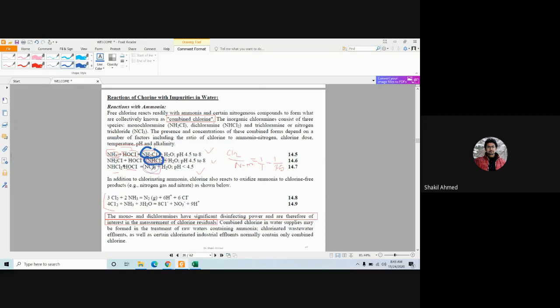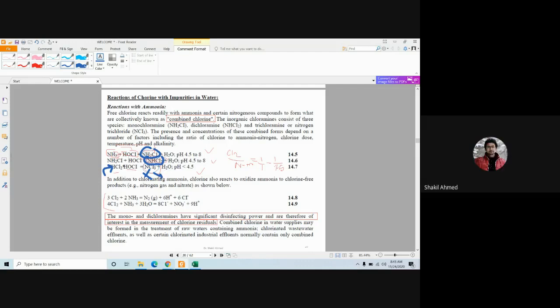But this trichloramine does not work as disinfectant. That means this is a wastage of chlorine. Am I right? In terms of disinfection, because this chlorine does not work as a disinfectant. So this amount of chlorine is lost, right?